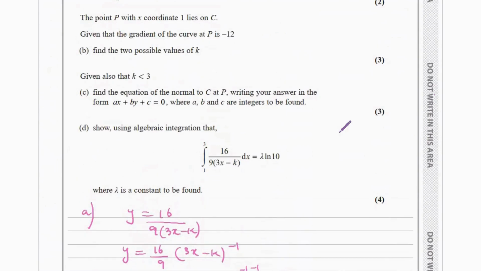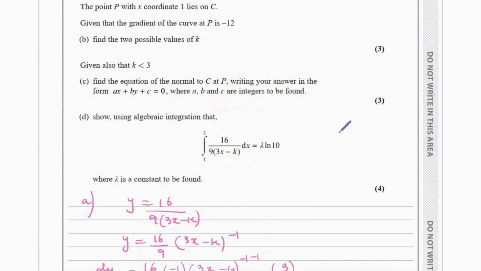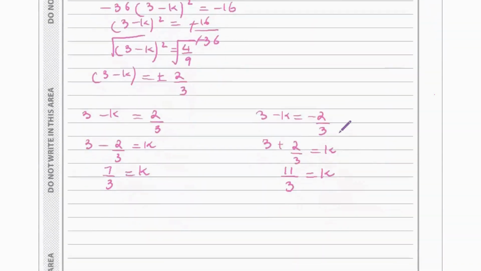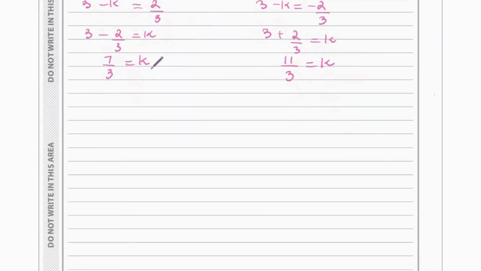Given also that k is less than 3, find an equation of the normal to C at P, writing your answer in the form ax plus by plus c equals 0, where a, b, and c are integers to be found. K is less than 3, which means k equals 7 over 3.